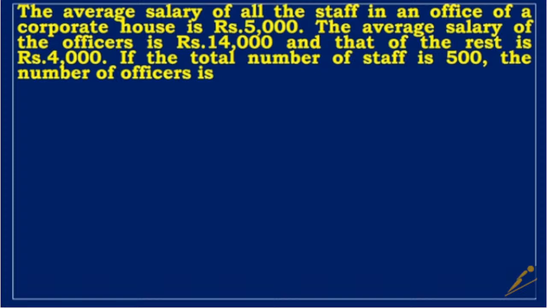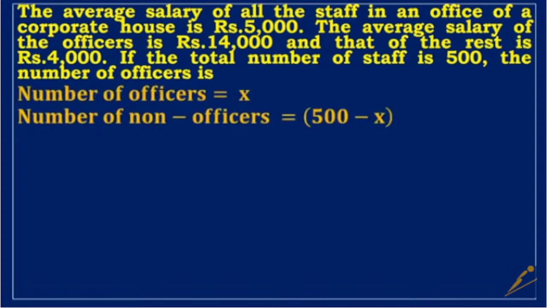We can use the equation concept to solve this problem. Let x be the number of officers. Then, we know that the total number of staff is 500, and the number of non-officers, also known as the rest of the staff, is 500 minus x. We also know that the average salary of all the staff is rupees 5,000, the average salary of the officers is 14,000 rupees and that of the rest is rupees 4,000.